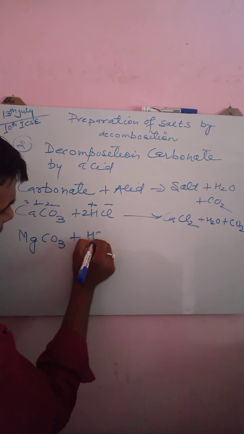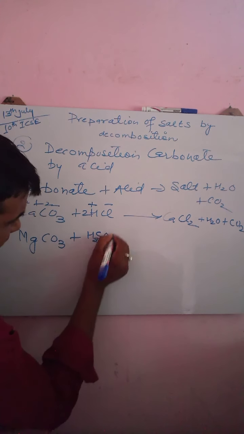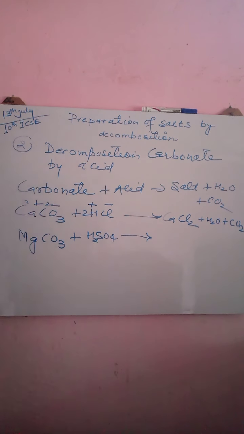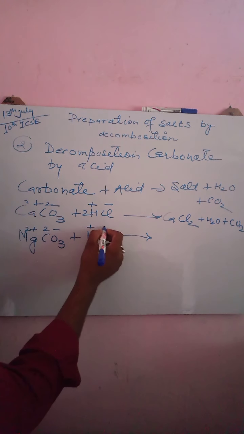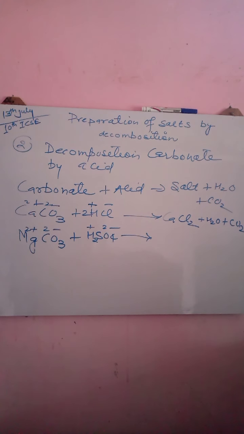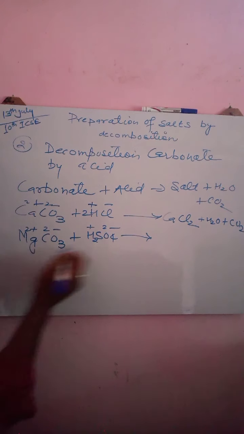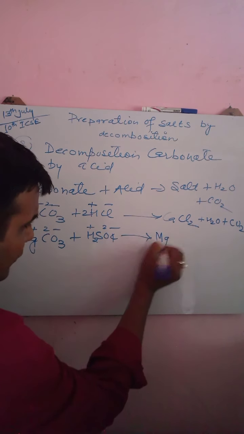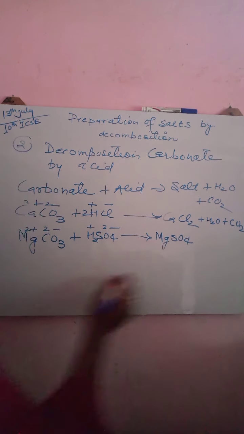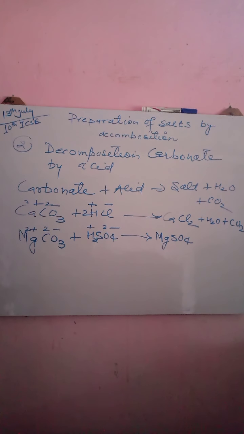It undergoes decomposition with sulfuric acid. Very easy to understand the reaction. Mg2 plus will combine with sulfate 2 minus to form magnesium sulfate, MgSO4. The 2 minus and 2 plus cancel each other.